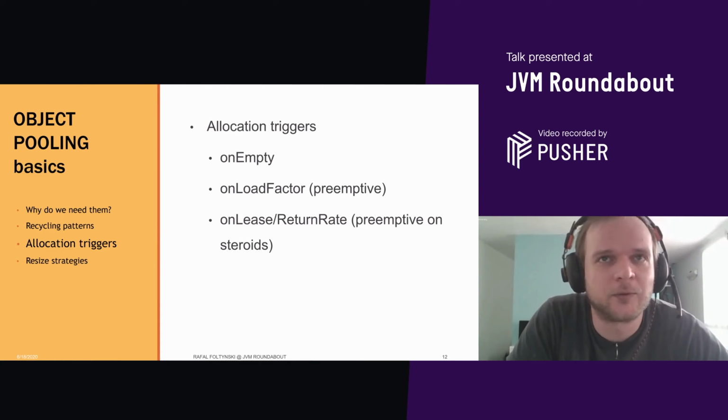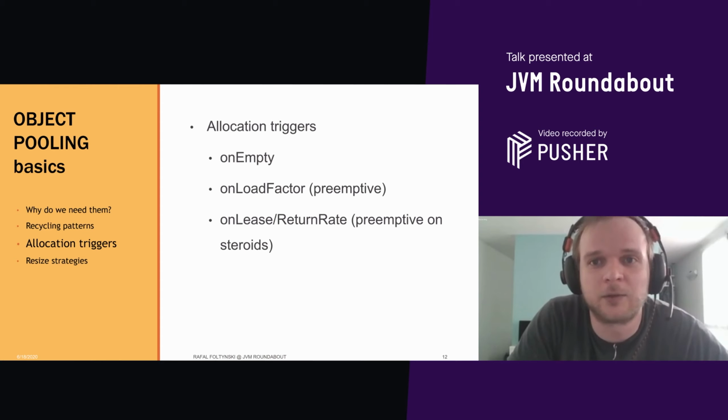Also, some of the pools can be resizable, and when the pool doesn't have any elements, there are multiple allocation triggers that can be used to trigger creation of new objects. On empty, obviously, when the pool is empty, we need to add more objects. This is the simplest version of object pools.